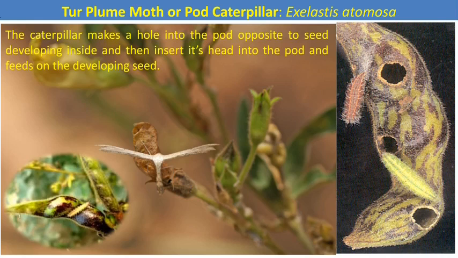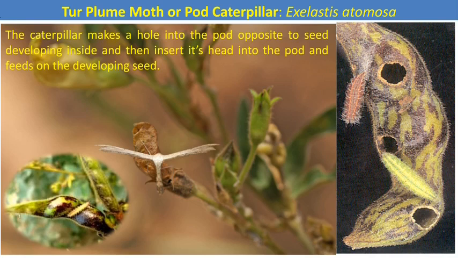Hence the yield is directly lost. Then the next one is the tur plume moth, also called pod caterpillar, Exelastis atomosa, is the scientific name. Here the moth is very peculiar in its morphology. In this slide you can see the moth having fork-like wings. The caterpillar is also peculiar: it is hairy, and the hairy pupa can also be seen on the infested pods.